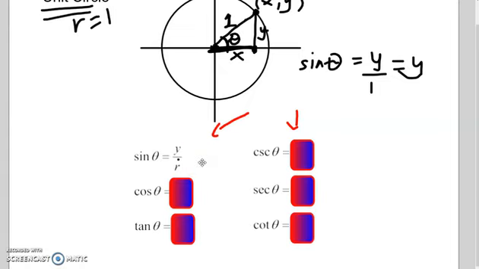So if the circle did not have a radius of 1, we would say that it's y over r. So let's say on this slide, I'm going to make this out here and just say r for now. But on a unit circle, r is equal to 1. So sine theta is y over r, opposite over hypotenuse.